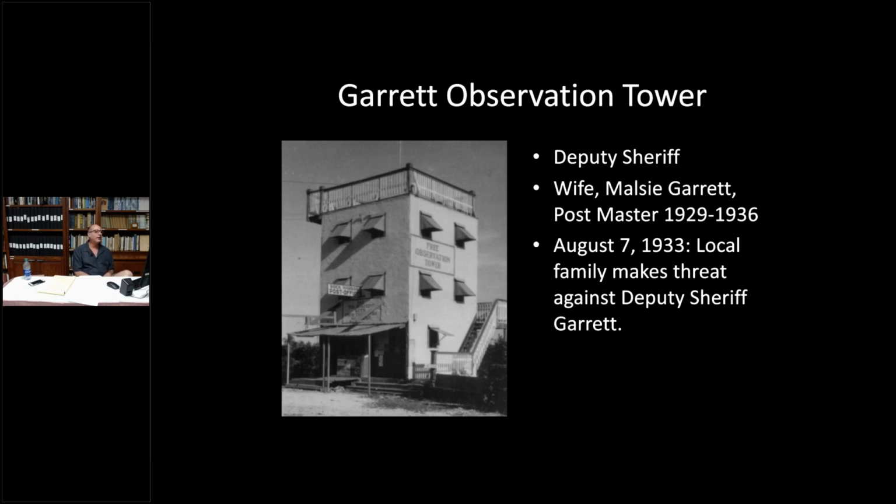It was built by George Garrett, and his wife Milesy Garrett became the postmaster from 1929 to 1936. He was the deputy sheriff of this area.